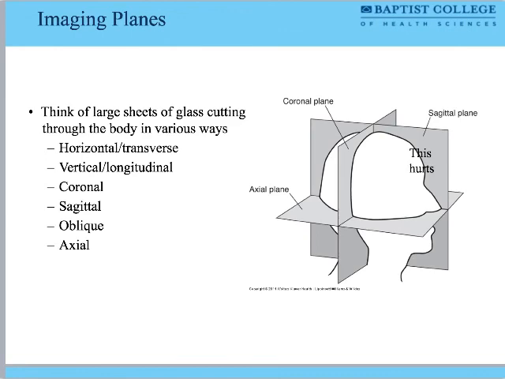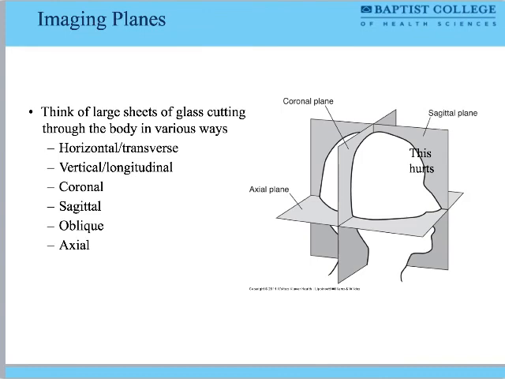So, how those are represented on the image are in these different planes. Any one of these planes, plus an oblique plane, can be represented as a CT image. So if I have helical data, if I have volumetric data, I can produce images in any one of these planes.